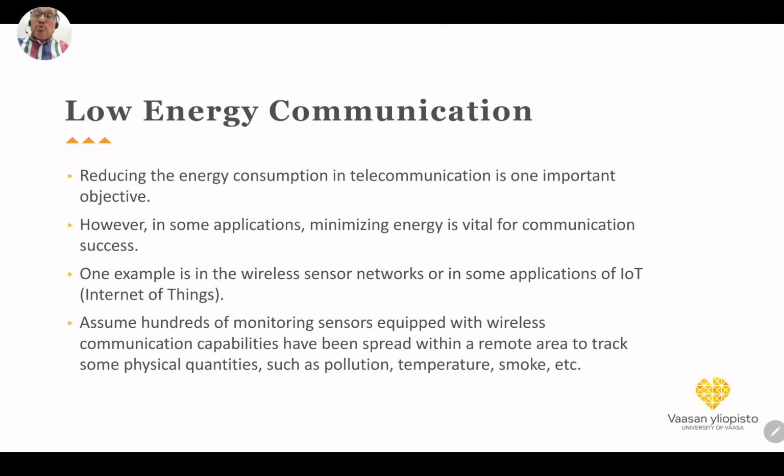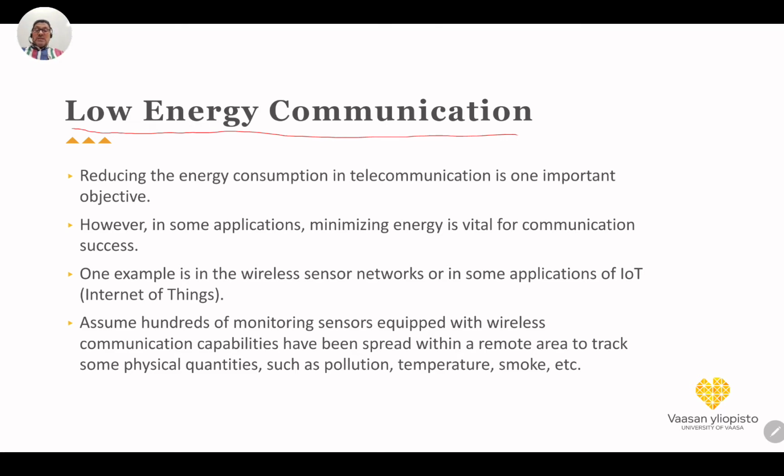Now we come to one of the important topics for low range communication, which is low energy communication. It is very important to have very low energy consumption for many applications, especially when we talk about the Internet of Things. One of the applications of the Internet of Things can be in a remote area, or in some areas where it is not possible to reach, or it is not cost effective to replace or recharge batteries.